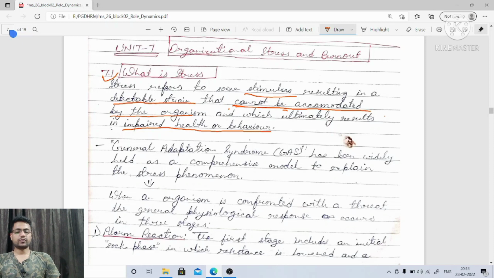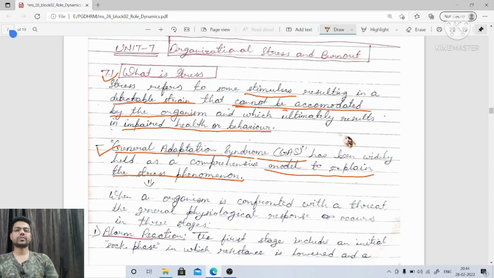So the next point given here is general adaptation syndrome. So what is this general adaptation syndrome? It is a model to explain the stress phenomenon. Here it is given: when an organism is confronted with a threat, the general physiological response occurs in 3 stages.